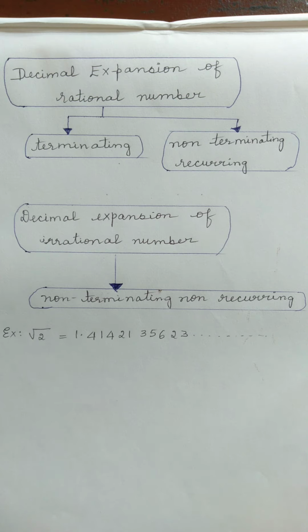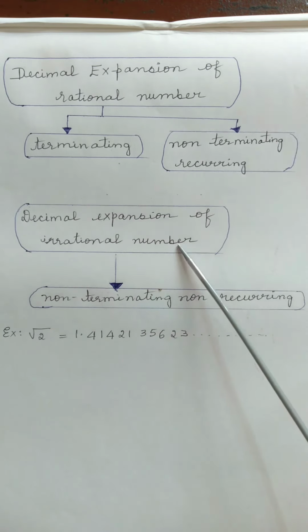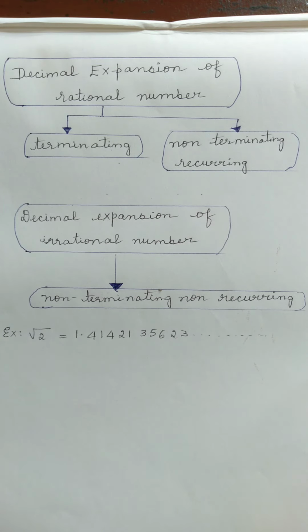The next is decimal expansion of an irrational number. We know that irrational numbers are those numbers which cannot be expressed in p by q form. So, the decimal expansion of an irrational number will be non-terminating and non-recurring.